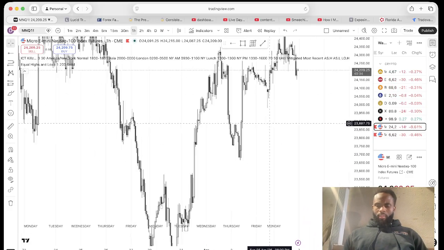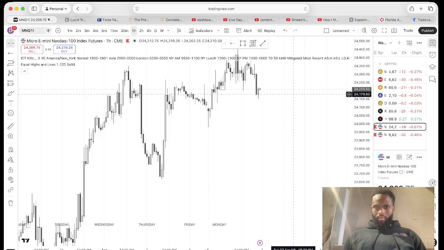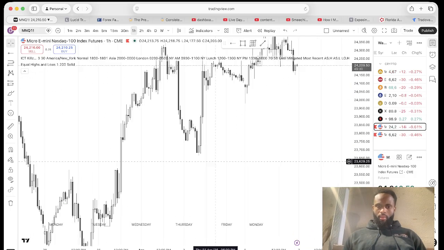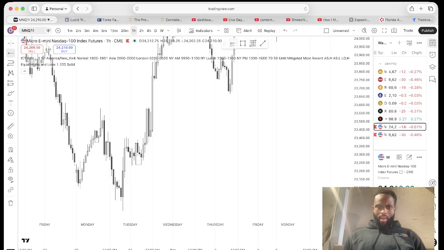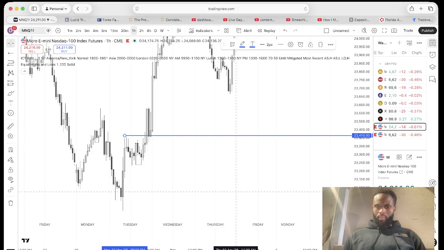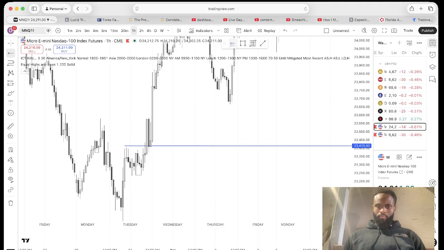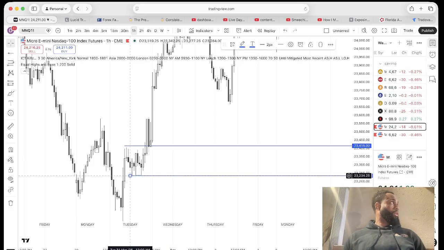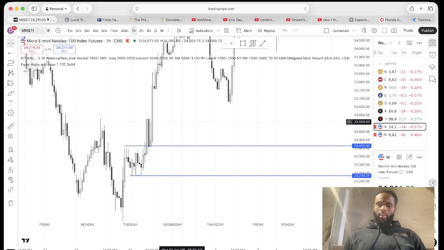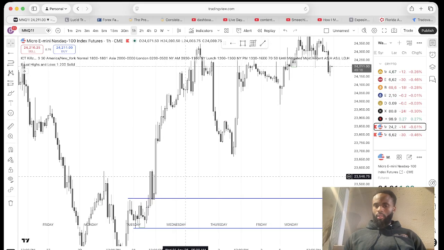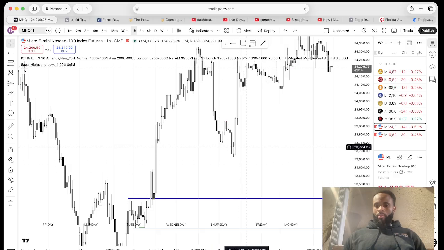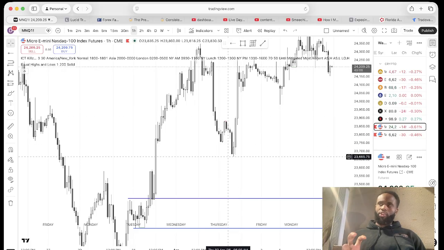Okay, so today, guess what we did? We created a higher high, boom, and a higher low. It can either be swing lows or it can be literal identical lows. This is a swing low when this is the lowest part of the pretty much external move.